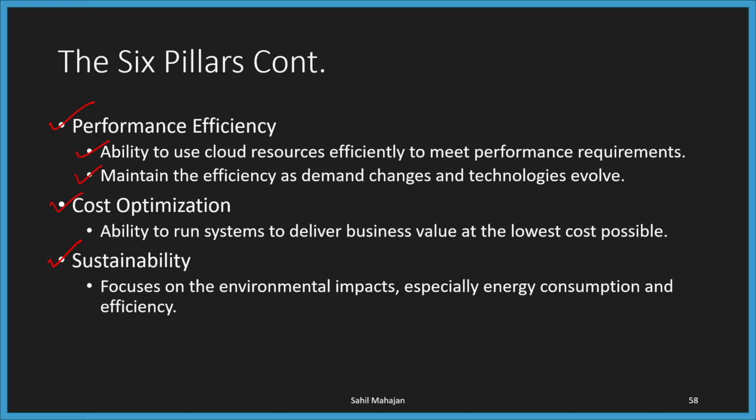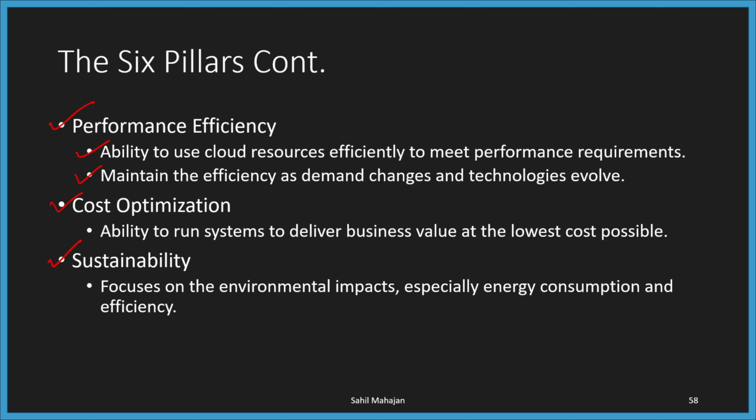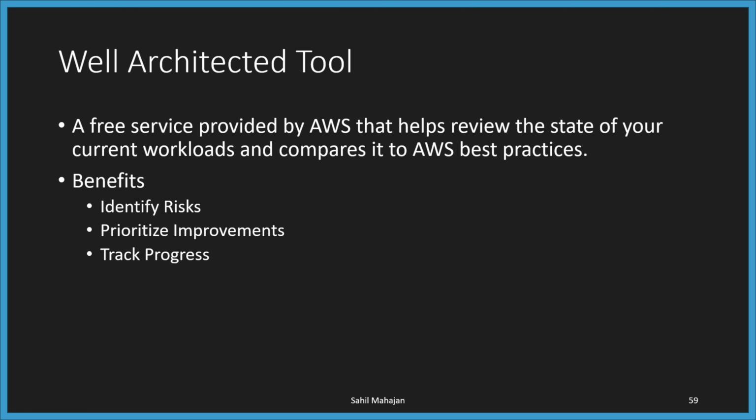Now this is something that is not directly related to you, this is more directly related to AWS. But if you follow these 6 pillars or these 6 principles while you are developing workloads, you will have a very efficient workload that is cost optimized, has high performance, has good operational excellence, is secure, and very, very reliable.